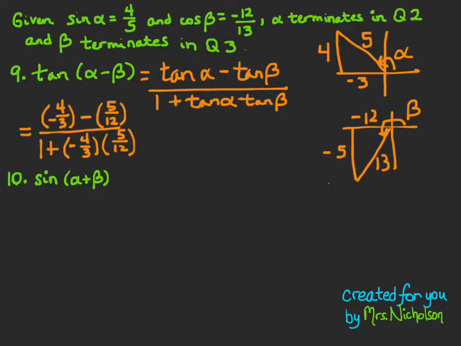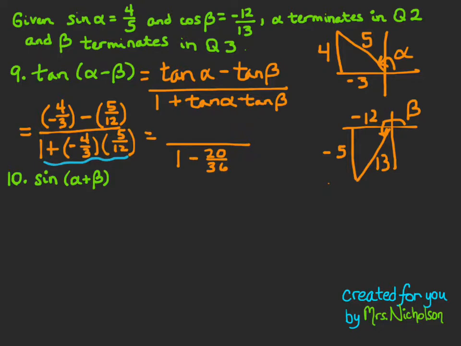Okay, so now we need to get a common denominator in the numerator and in the denominator. And it looks like with those two denominators of 3 and 12, 12 would be the least common denominator. But if you look at the overall denominator, these two fractions, negative 4/3 and 5/12, I'm going to have to multiply those together. And when I do that, I'm going to get 1 minus 20 over 36.